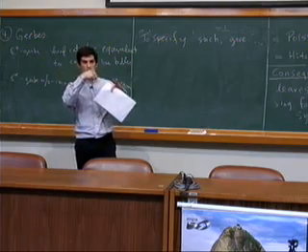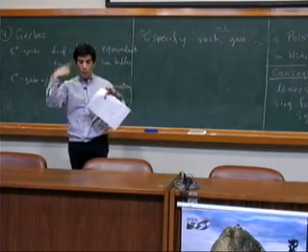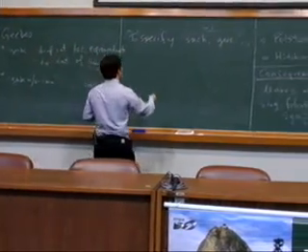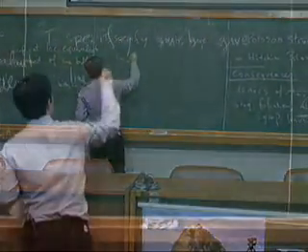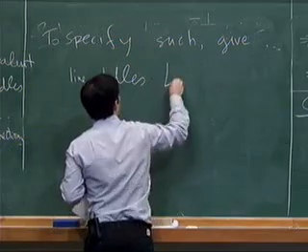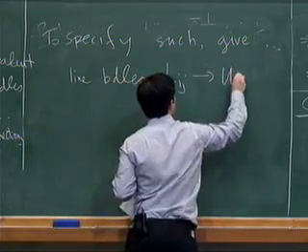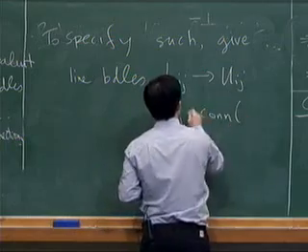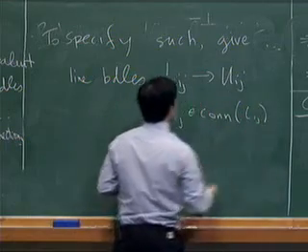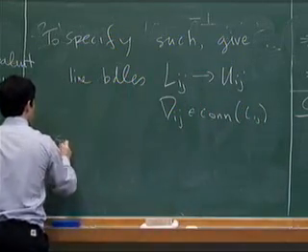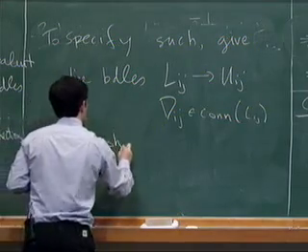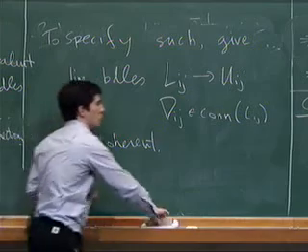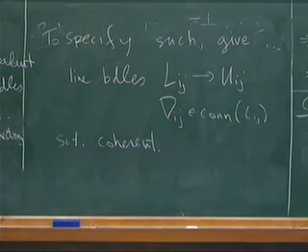An equivalence is given by an auto-equivalence of the category of line bundles, which is just tensoring by a line bundle. So give line bundles Lij on Uij and connections on the Lij, such that they're coherent. On triple overlaps and on quadruple overlaps, you have the coherence conditions.